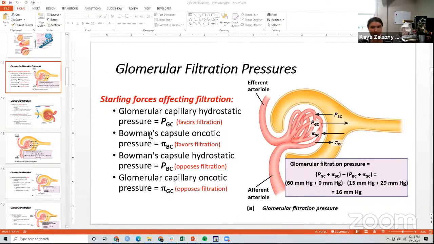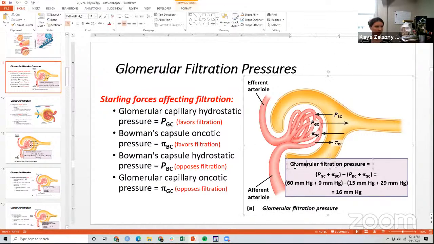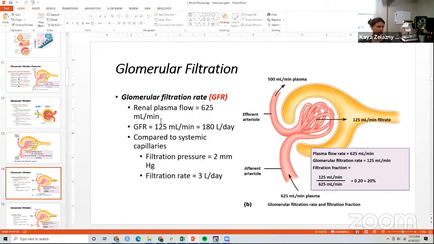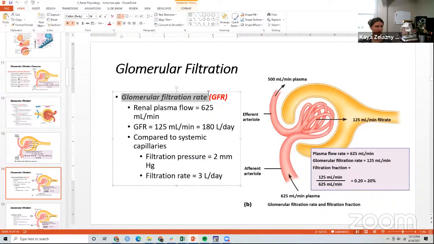So what she was just asking about, the pressures, the glomerular filtration pressures. Overall, we're trying to get to this idea of an overall glomerular filtration pressure, which is going to lead to a glomerular filtration rate, although we're not calculating the rate from the pressure.